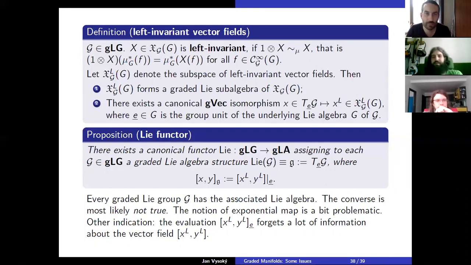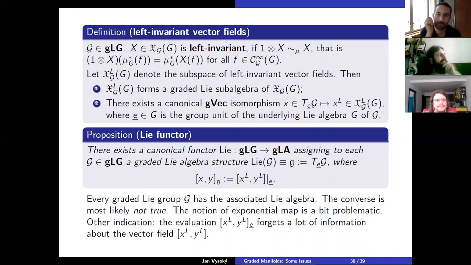It's an interesting idea, and of course I would answer this question after I find some relevant examples of graded groups, because so far I only have stupid examples, such as shifted by 3 or something.